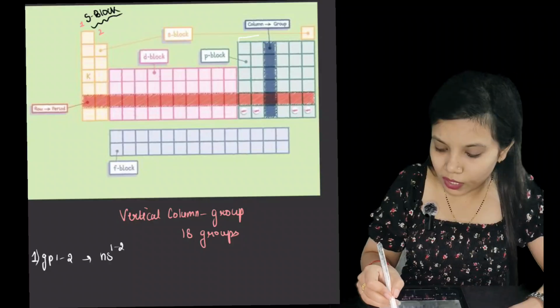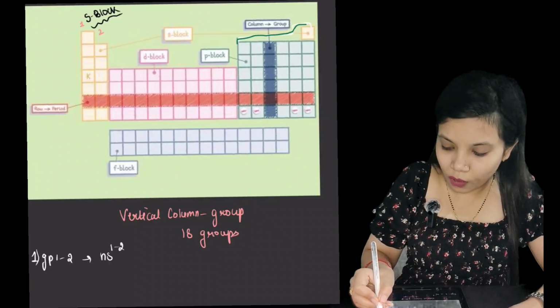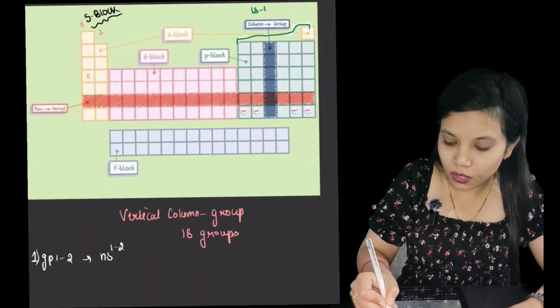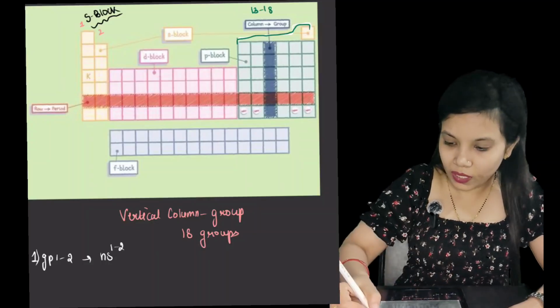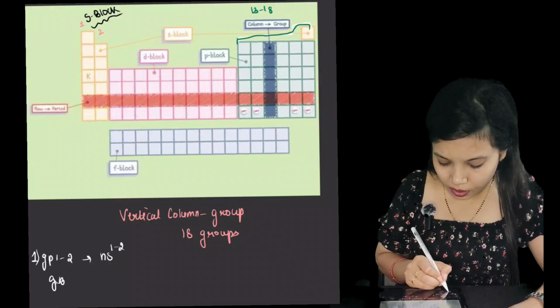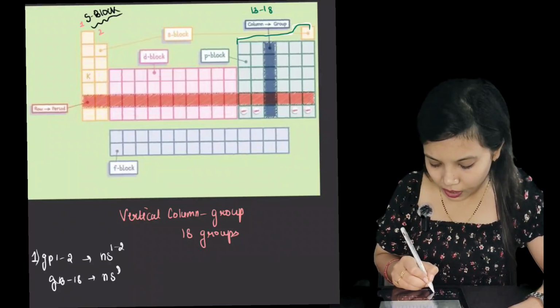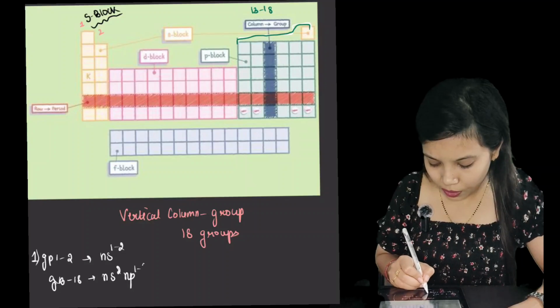If I talk about these elements, for example, this group from 13 to 18, students, so group number 13 to 18 has general configuration NS2 NP 1 to 6.